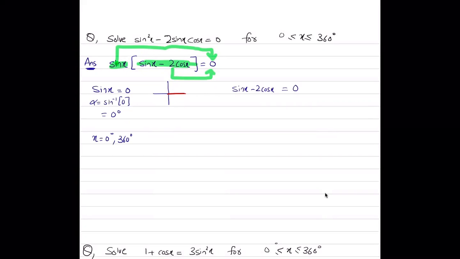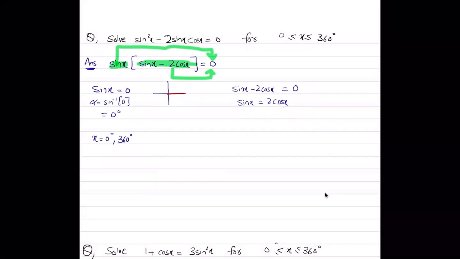Then from the second part, you're going to solve this equation: sin x equals 2 cos x. Can someone tell me what should be my next step? These are two different trigonometric functions, so my task should be to convert this into a single trigonometric function. How can I do that? Convert it into tan.